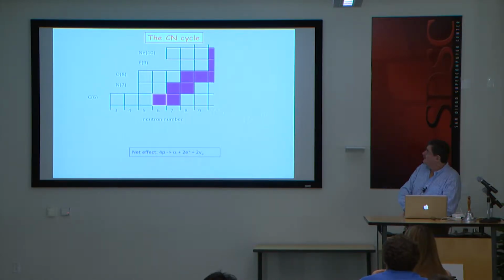You start with carbon 12, you capture 1 proton on it, go to nitrogen 13, and then a beta decay back to carbon 13, then capture another proton, go to nitrogen 14, capture another proton, go to oxygen 15, beta decay back to nitrogen 15, and then alpha decay to carbon 12.